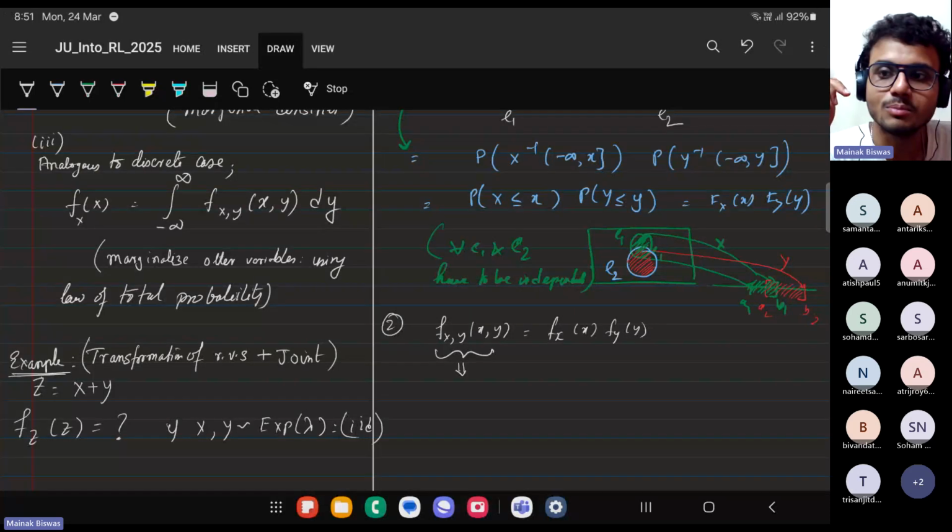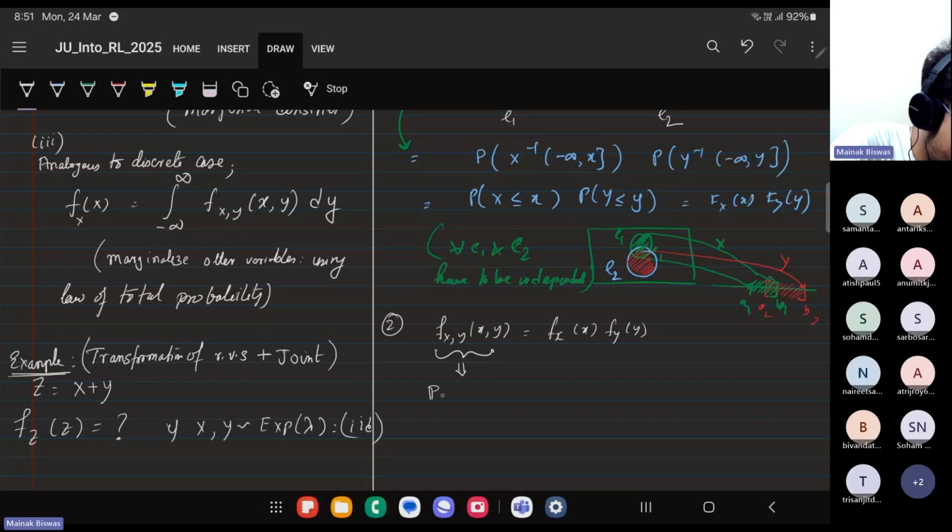So do you remember the PDF's intuition? First of all, the probability that X belongs to between x and x plus delta, limit delta tends to 0, and Y belongs to between y and y plus delta.